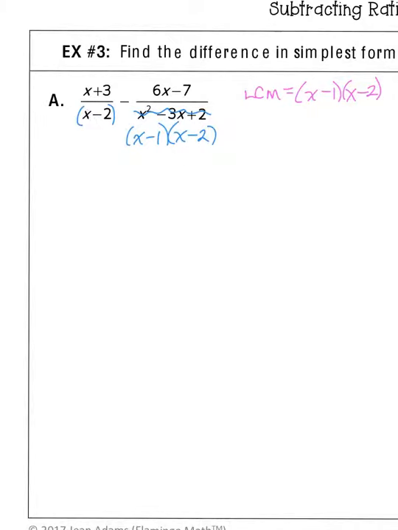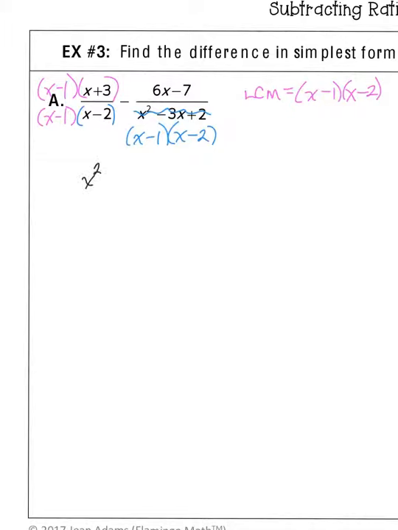So this fraction actually has the LCM, whereas this one is missing an x minus 1. So x minus 1, and use parentheses. I am going to distribute the x and the negative 1 and collect like terms all at the same time. For the first fraction in the numerator, I get x squared.